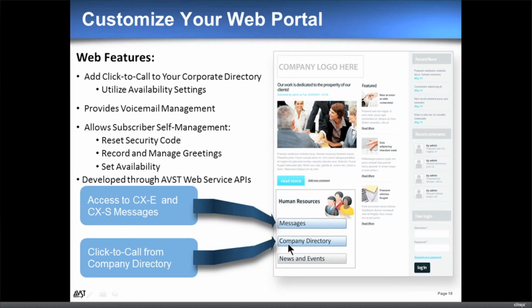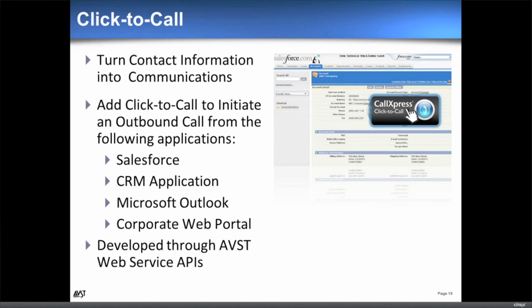The click-to-call from the company directory for internal people, but also taking some other types of applications that have their own APIs available that can be merged with our API to deliver, for example, click-to-call applications from your CRM application, whether it's Salesforce or other CRM applications.